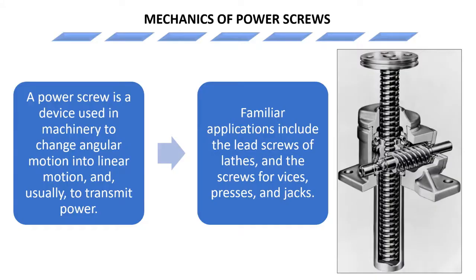Screw jacks, or power screws, are used in machinery to change angular motion, rotational motion, into linear motion, translation. That is used to transmit power from one point to the other. Familiar applications include the lead screw of a lathe, the bench vises, presses, and jacks.